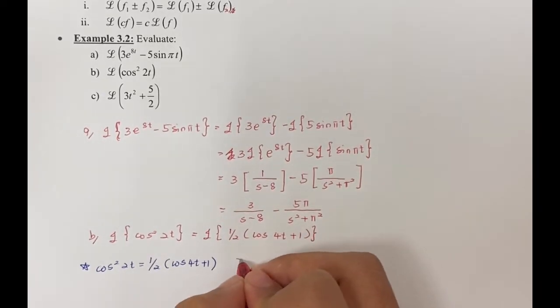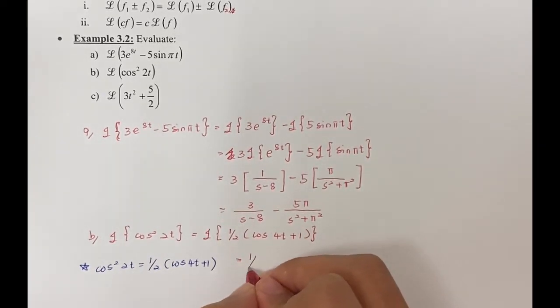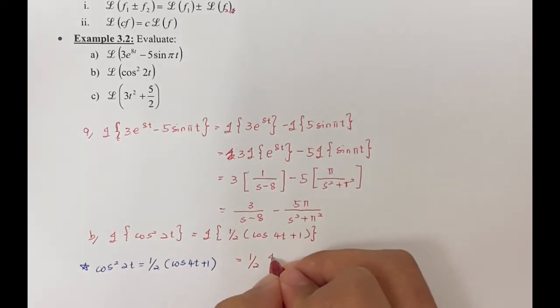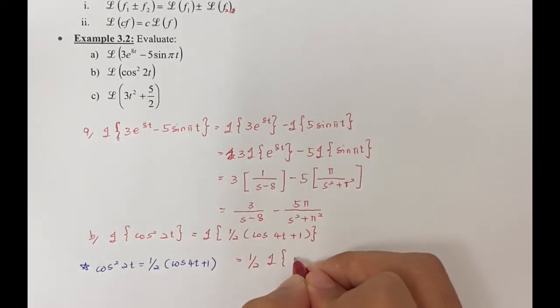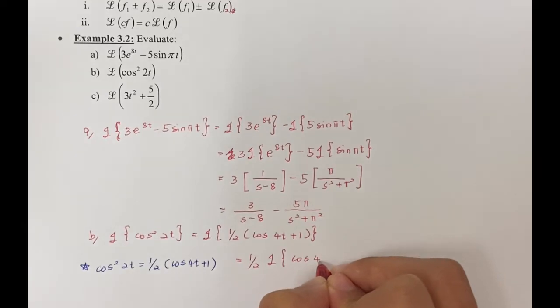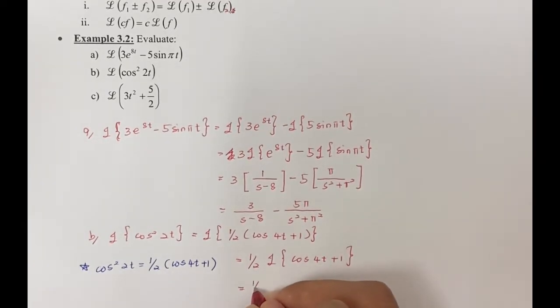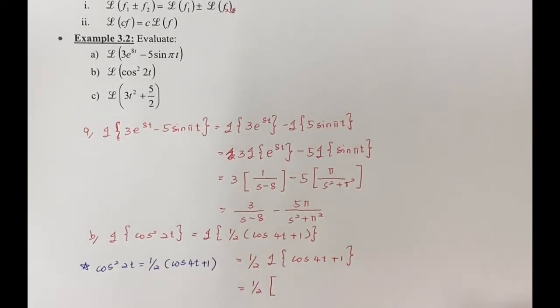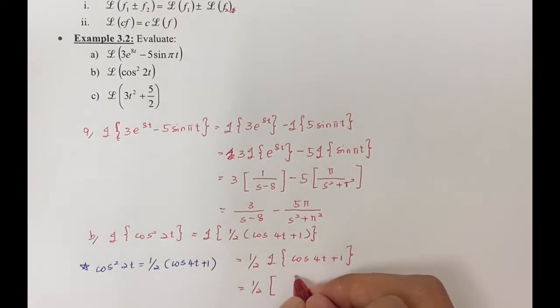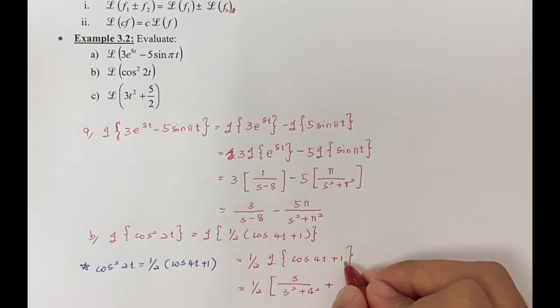So this is equal to 1 over 2 Laplace transform cos 4t plus 1. 1 over 2 multiplied by Laplace transform for cos 4t is equal to s over s square plus 4 square, plus constant 1.